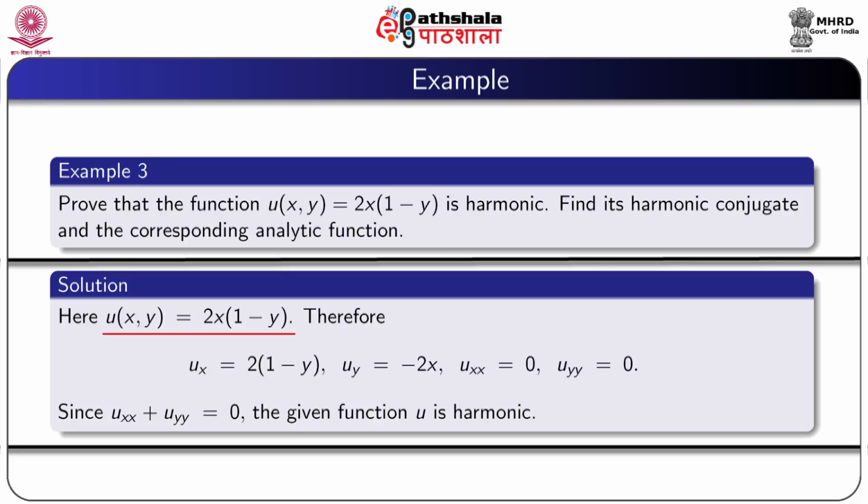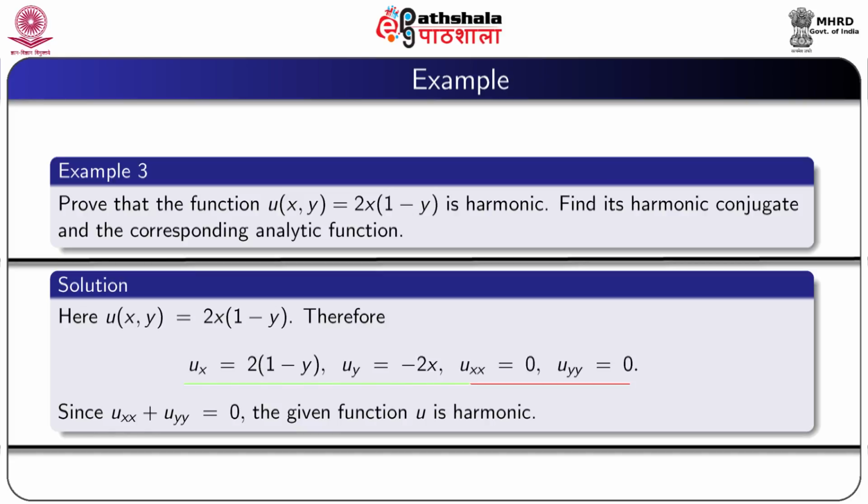So, here u is twice x times 1 minus y. Differentiating partially with respect to x and y, we get del u del x equal to twice 1 minus y and del u del y equal to minus twice x.